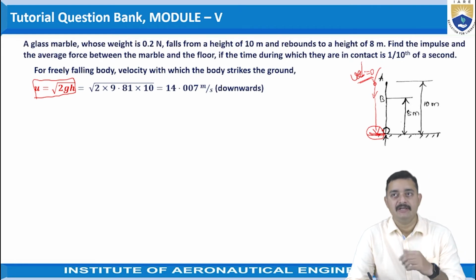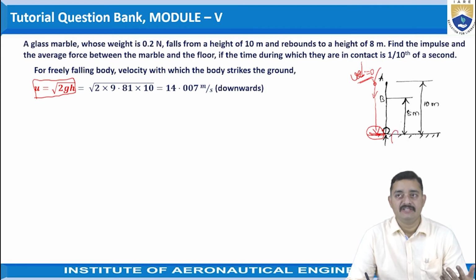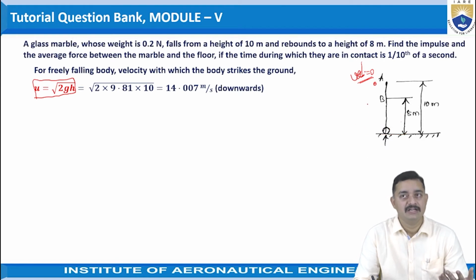At the contact point, if at all there is no restriction, the marble is stopped here because of the restriction of the ground to the direction of travel of the marble. If there is no ground, then what happens? It will continue to come down again, isn't it?